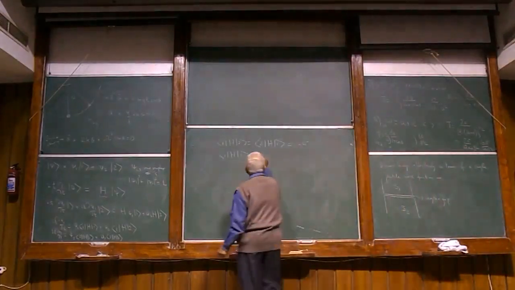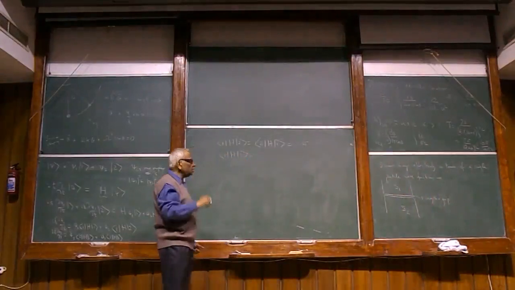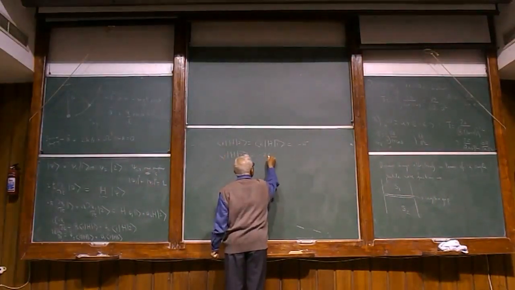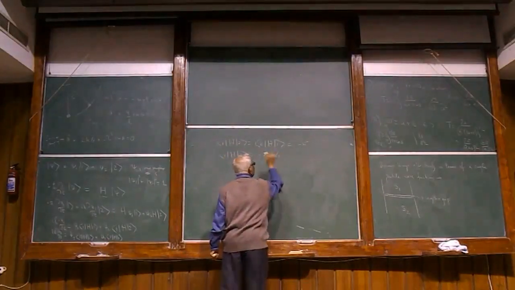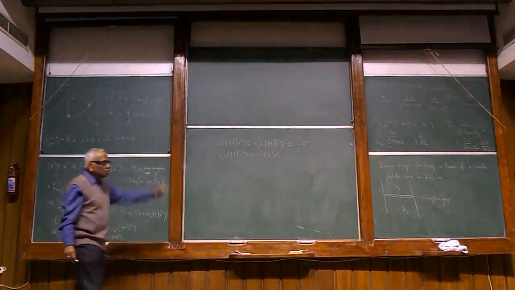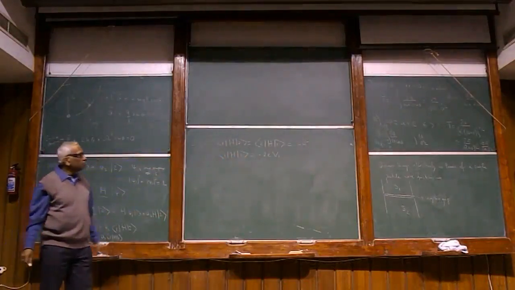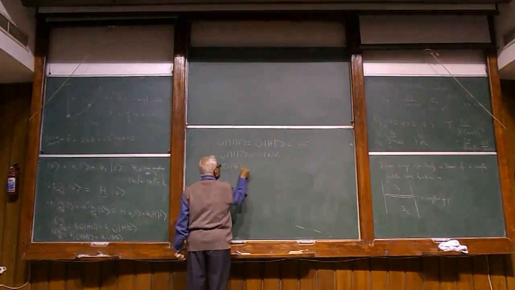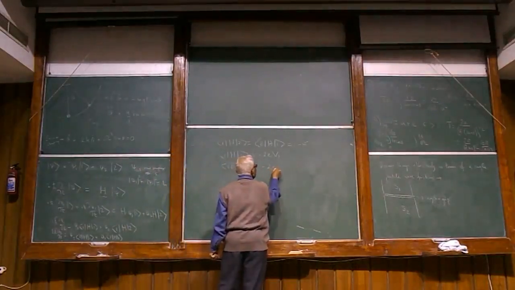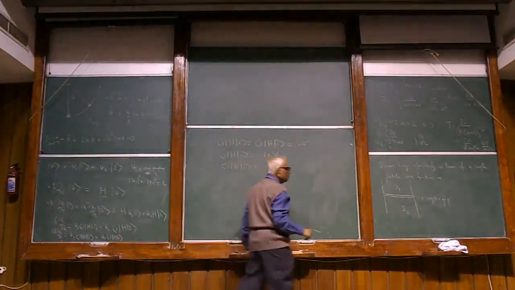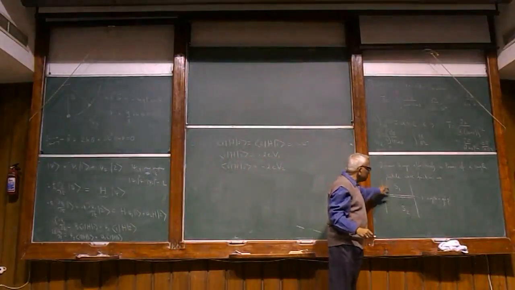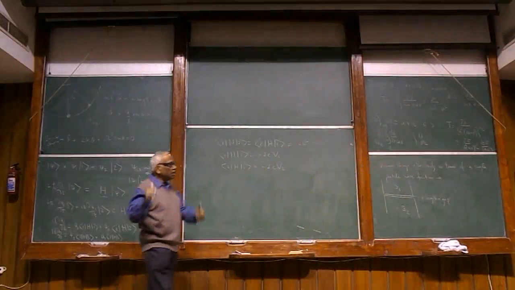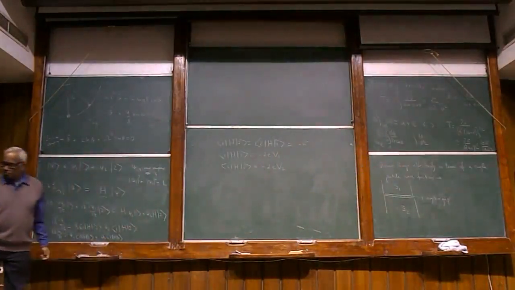The charge is minus 2e for every Cooper pair, so it is minus 2e V1, where V1 is the voltage associated with S1, and <2|H|2> is equal to minus 2e V2, where the voltage difference V1 minus V2 would be responsible for driving the current across the junction.